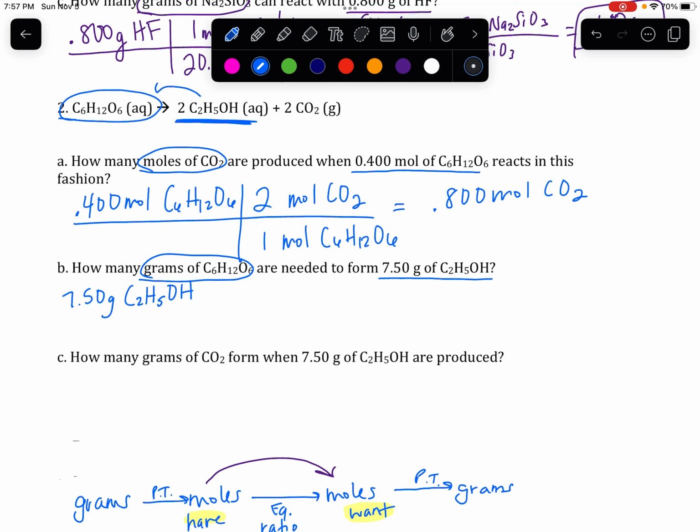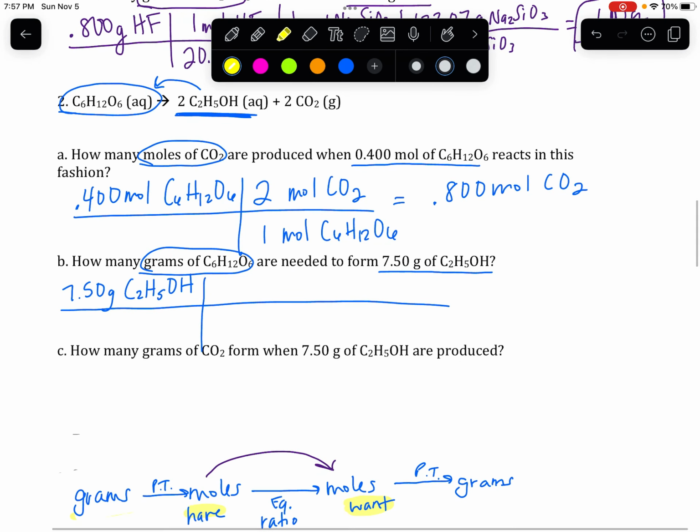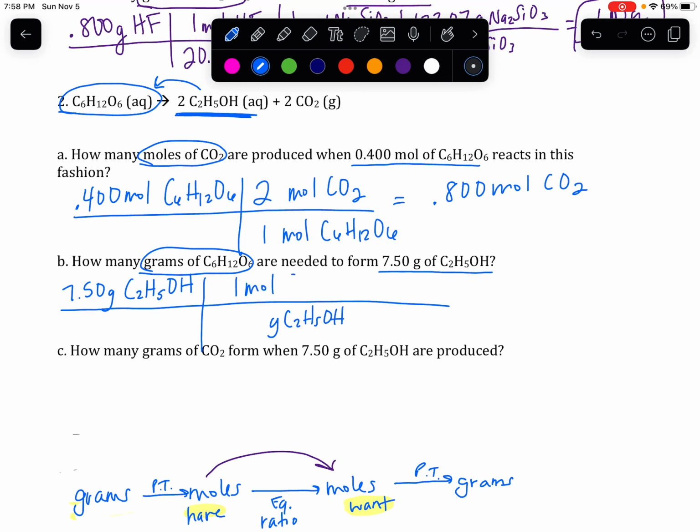So I'm going from here to here. If I'm starting with grams, that means I'm starting here with grams, and I'm trying to find moles first. The way I'm going to do that is I have to put grams of C2H5OH on the bottom, and that's always going to be equal to 1 mole because it's my molar mass from the periodic table.